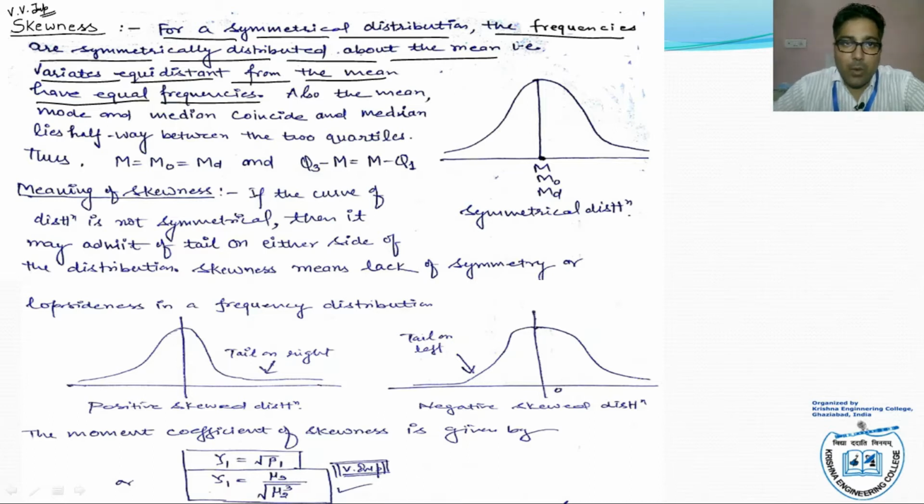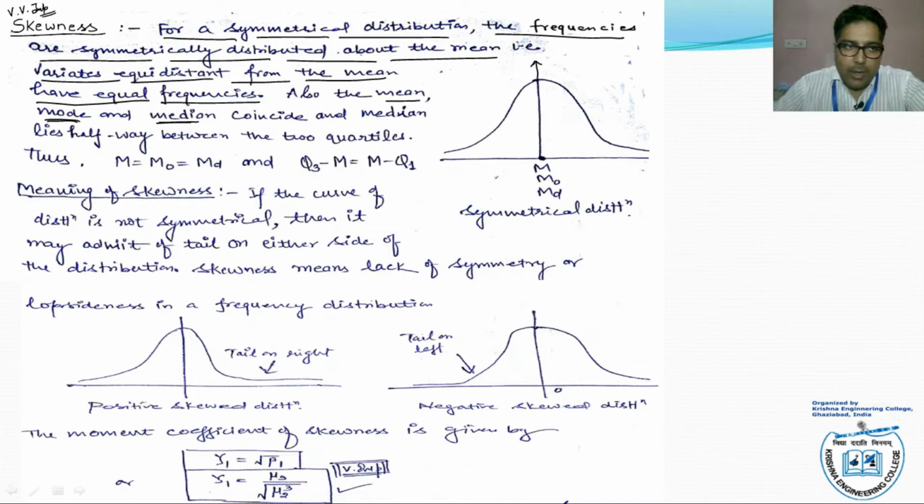Also, mean, mode and median coincide, and the median lies halfway between the two quartiles. Thus, the mean, mode and median coincide. This is the curve for the symmetric distribution. Here, the frequencies are symmetrically distributed about the mean.